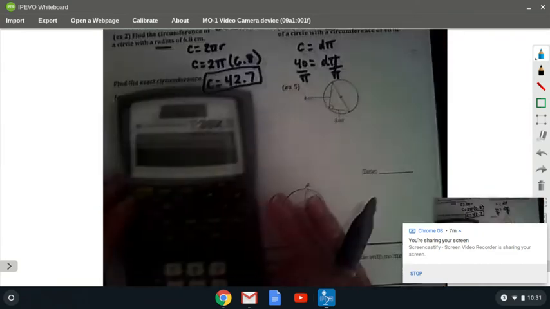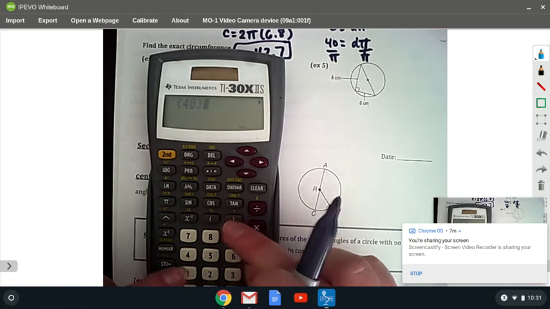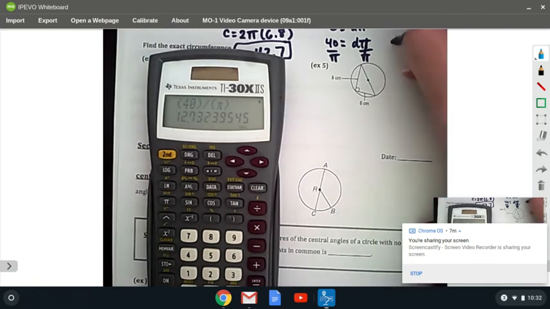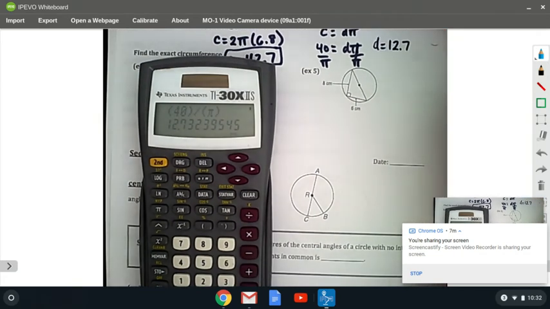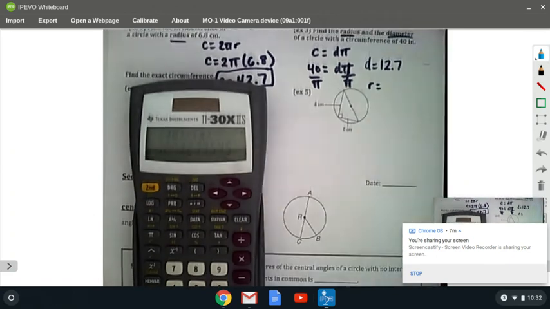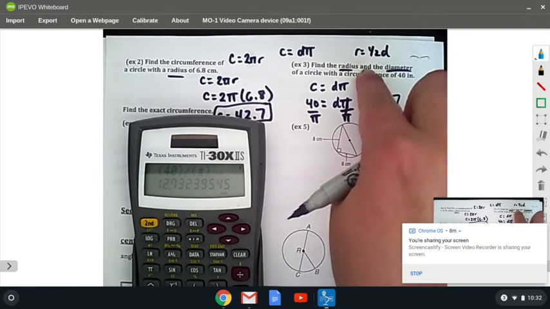So now in my calculator, I'm going to do parentheses 40 divided by parentheses pi. And I get that d is 12.7. And if I was going to find the radius, you should just know that radius equals half of the diameter, okay?